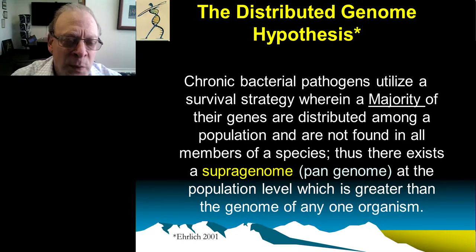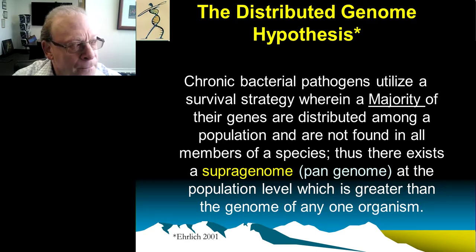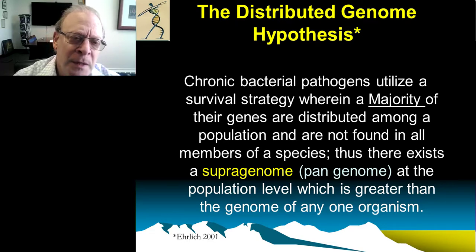So once we understood that bacteria in a biofilm were using multiple population level virulence traits, and we knew that horizontal gene transfer was operational, this led to my development of what we call the distributed genome hypothesis about 20 years ago.